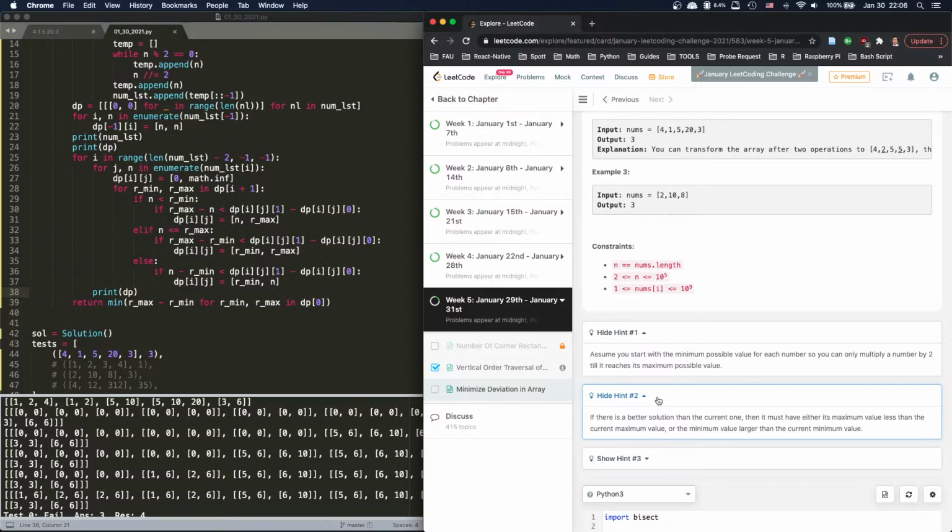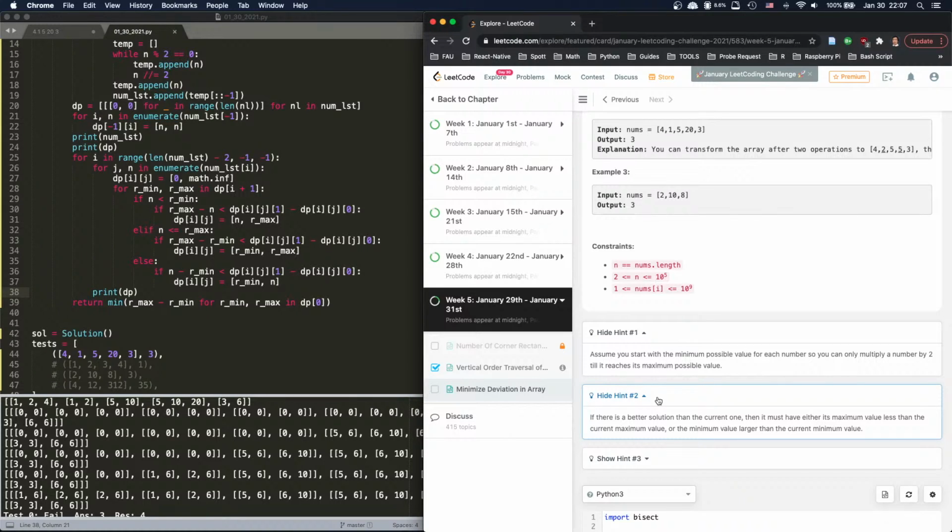So we go from the minimum. So everybody's minimum will be 1, 1, 5, 5, 3. Right? That's the minimum of everybody. And if there is a better solution than the current one, the current solution was 4.